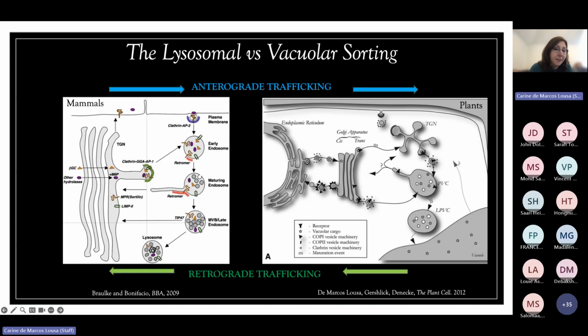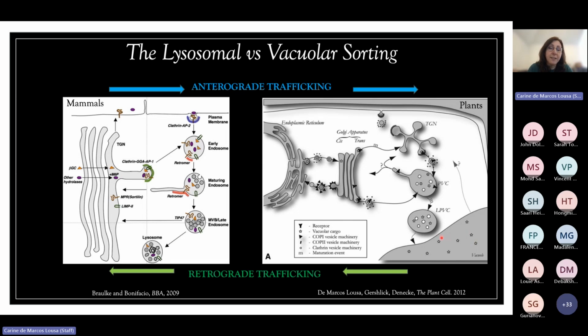Just to explain a little bit about vacuolar sorting. As you know, plants have a vacuole, which is a multifunctional organelle that plays a role in storage and defense and many different types of cellular processes.